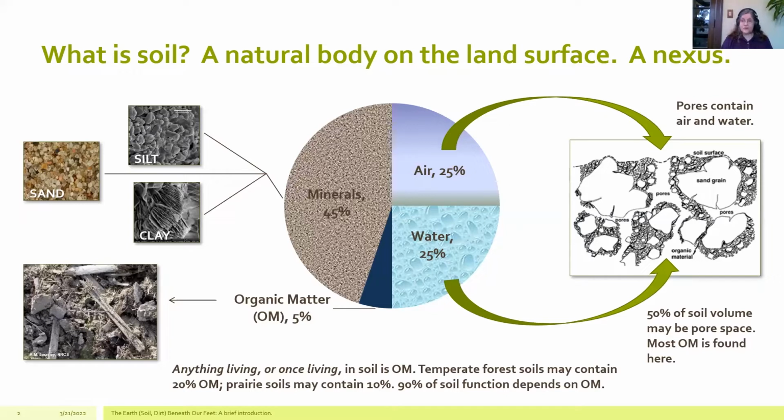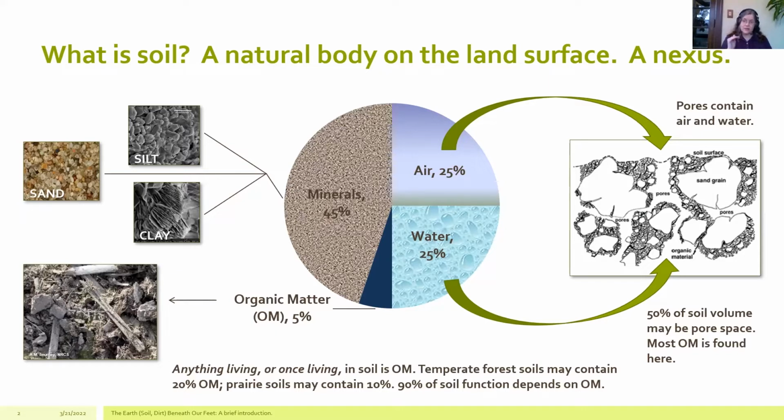The official definition includes the following elements. It's a natural body. It's composed of solids, so that's the minerals fraction and the organic matter that you can see there. Liquids, usually water, but not restricted, and gases, primarily air. It occurs on the land surface. It occupies space. And here's where it gets really distinct for what makes it soil.